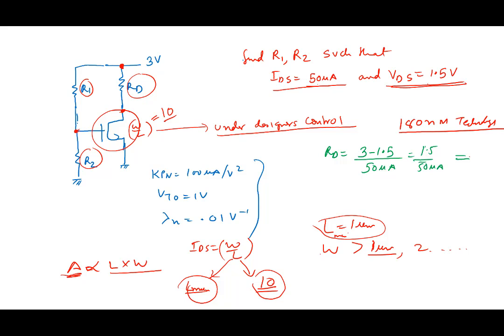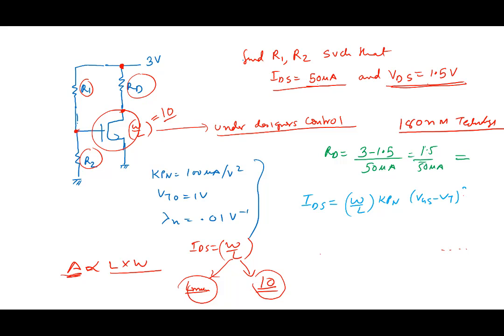Well, remember what we are saying is that the transistor has to be in saturation. We are saying bias it in saturation region. We want to use it as an amplifier. Right? So in saturation region, we use the equation for saturation, and you have to become familiar. IDS is W by L Kp VGS minus VT square by 2.